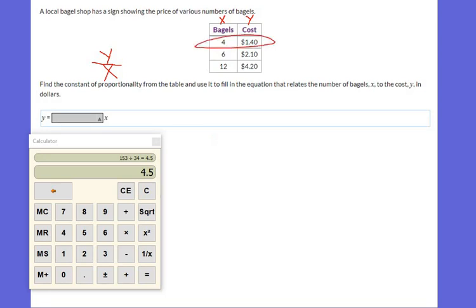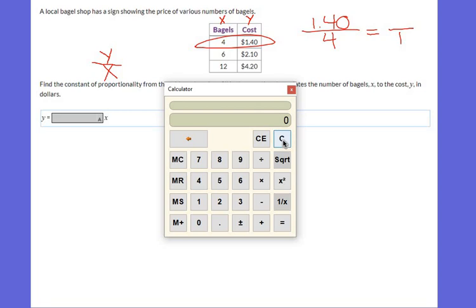And my y value of the first one is $1.40, so that's going to go on top. My x value is 4. I want to try and simplify that. I notice both of these are even. I want to see if I can break that down to where it's a 1. And since that's a decimal, I most likely can.